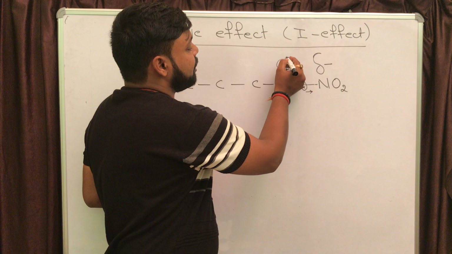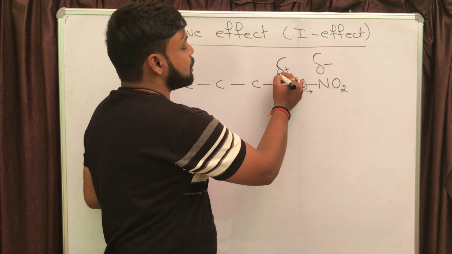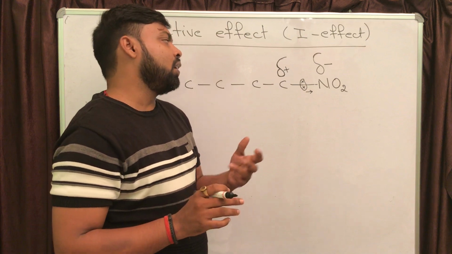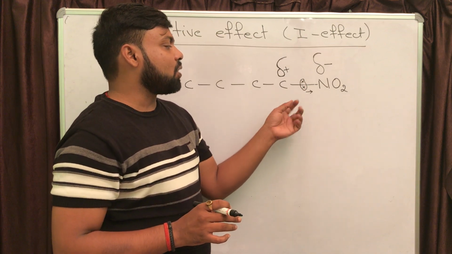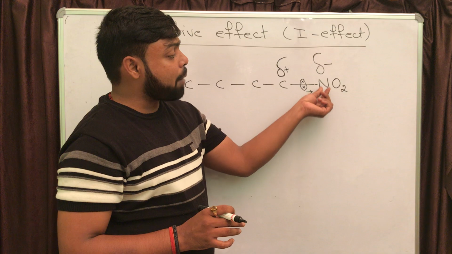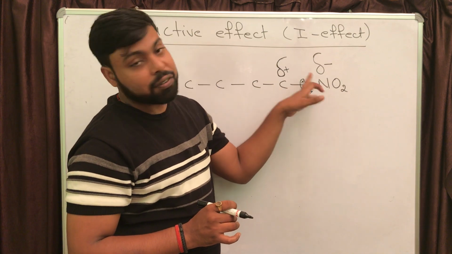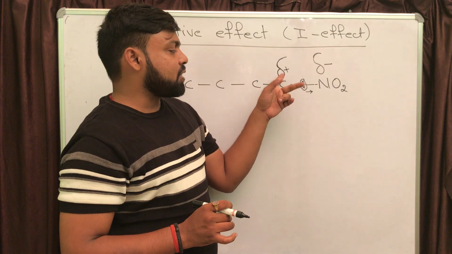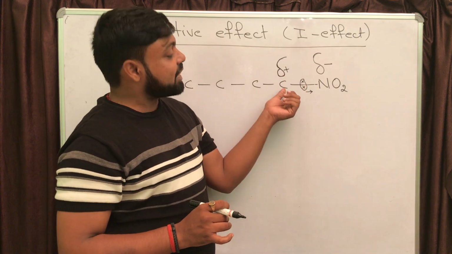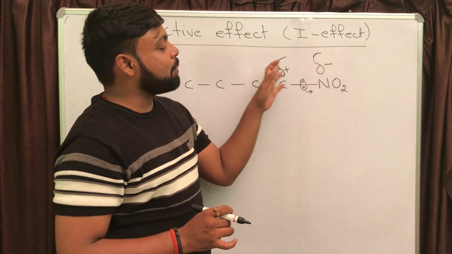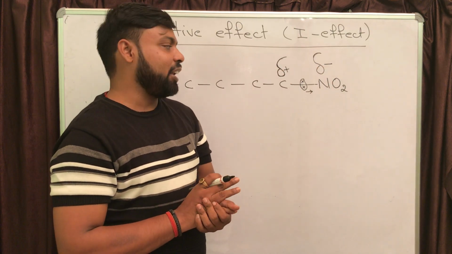Definitely the magnitude of these partial charges, partial positive and partial negative, is going to be equal. The reason is that the negative charge appears on nitrogen because it is pulling the electron of carbon, and the positive charge appears on carbon because its electron is moving away. So the partial positive and partial negative magnitudes are going to be equal.